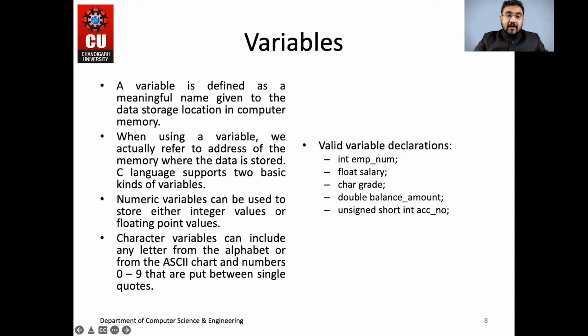Please understand, whenever you store character variables, they are stored in single quotes. So if you store 0 in single quotes, that would become a character variable. If you store 0 without single quotes, that would become an integer or numeric variable.